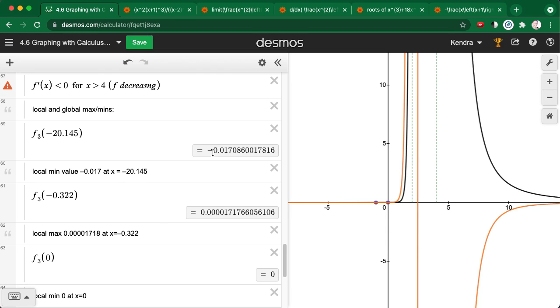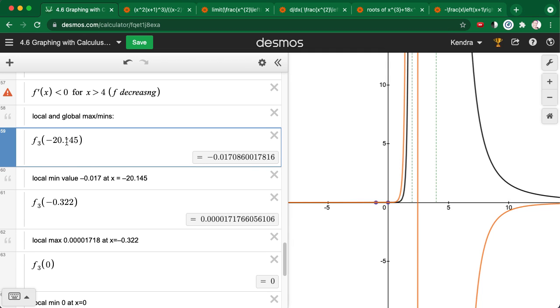It looks like this must be our absolute minimum value, right? Because the function goes down, and everything to the left of negative 20, the function is decreasing, which means that going backwards on the graph, more to the left, it would be increasing.